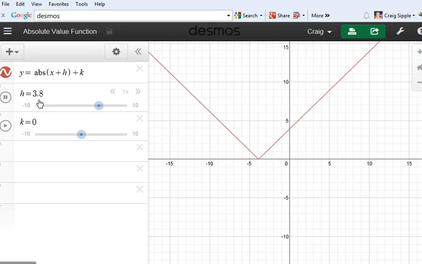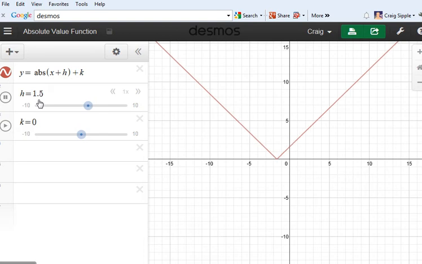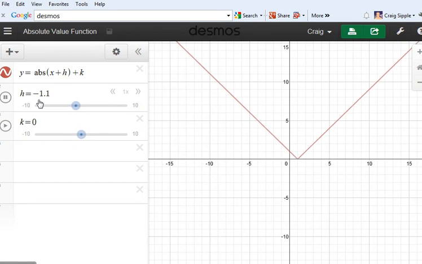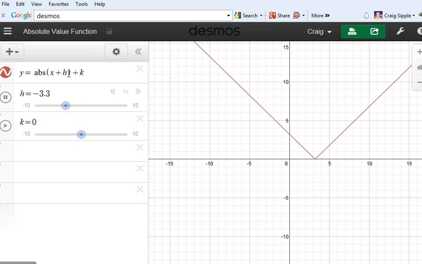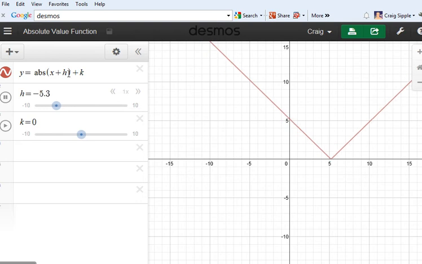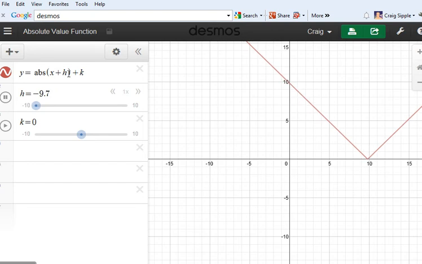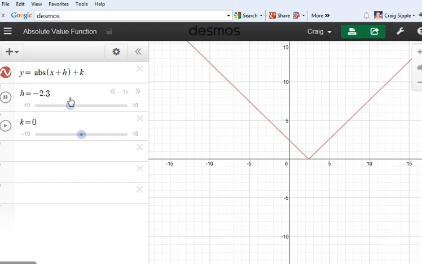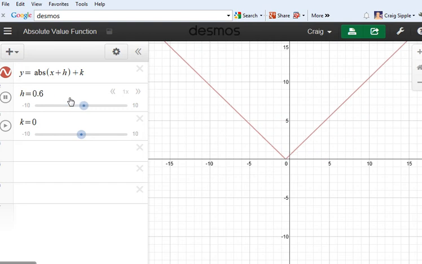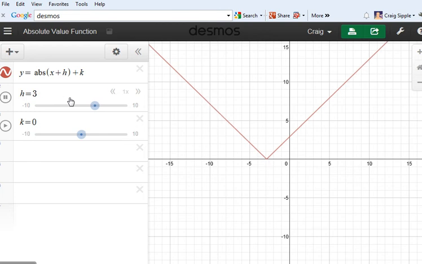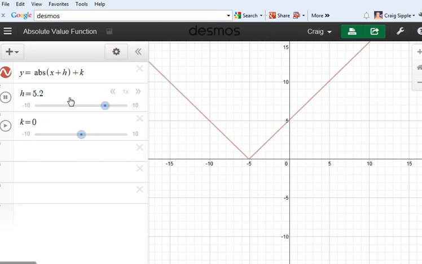It's going in the opposite direction because it's inside that absolute value, and the absolute value ends up taking kind of the opposite, a negative turning into a positive. So there's an inverse relationship: if h is negative, the graph is on the positive x side, and if this number is positive, the graph is on the negative end of things.